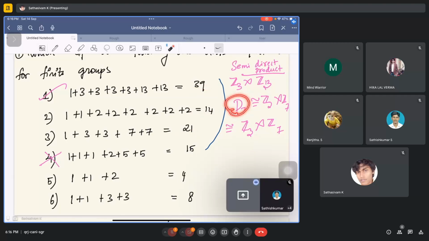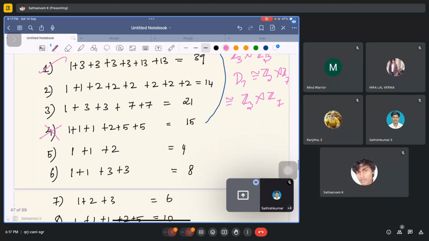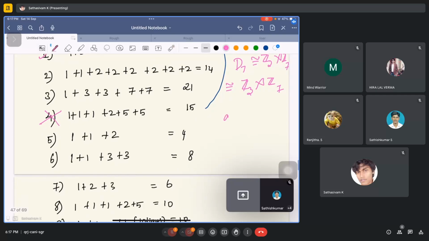Of course, this is D7, but D7 has an isomorphic representation in terms of semi-direct product, and groups of order pq are completely classified. So if you are interested, you can also look at groups of order pq.